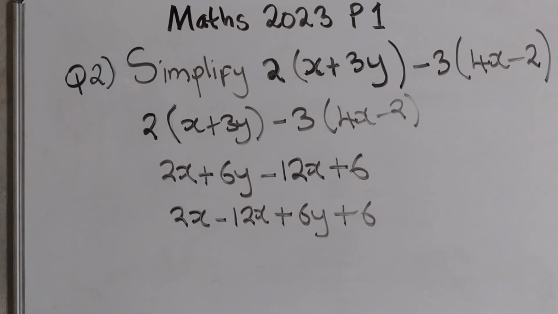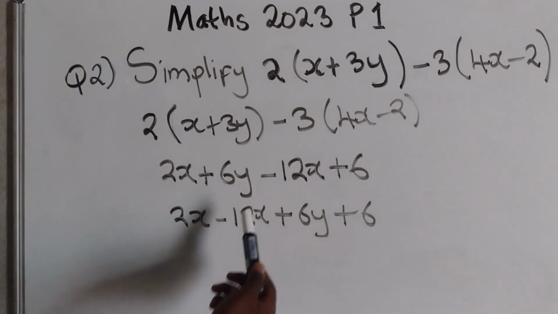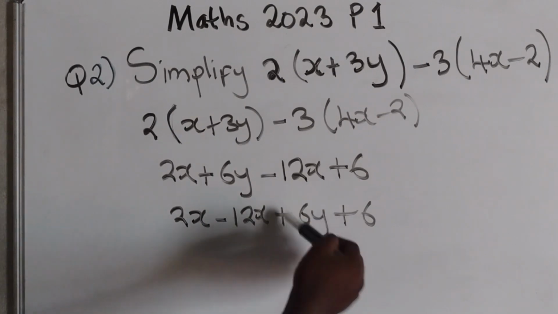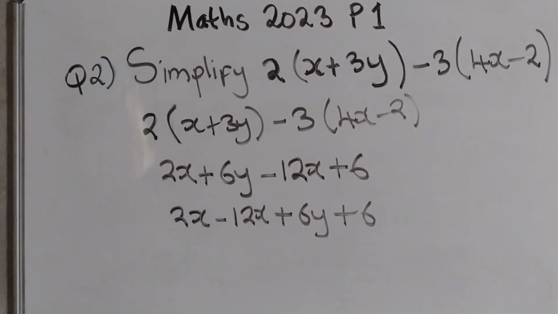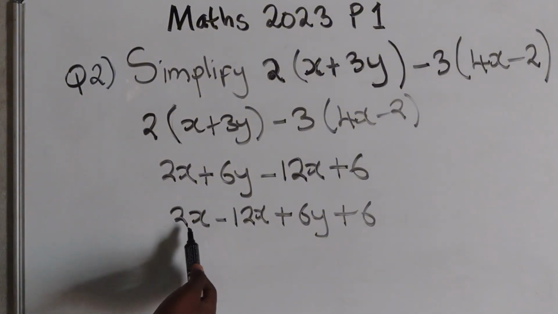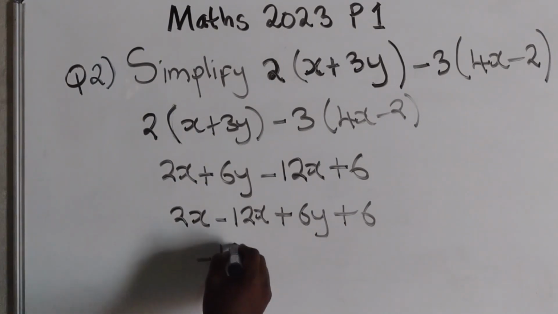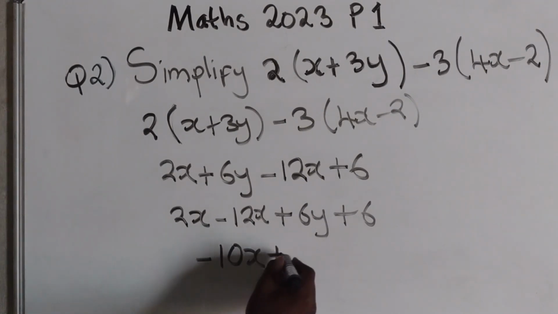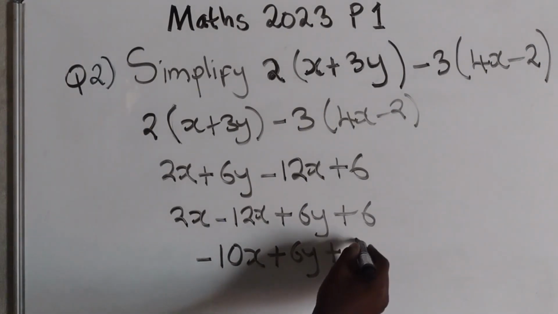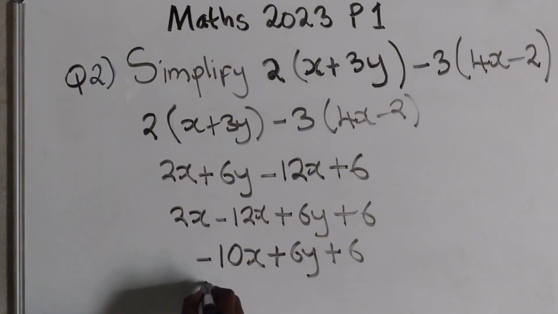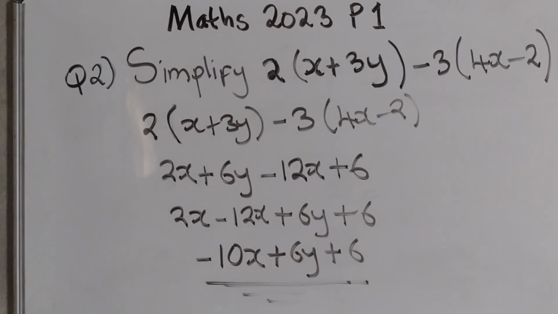You can check that this 6y doesn't have any other like term, because there is no other term that has the variable y. Then from there, let's simplify. 2x minus 12x gives us negative 10x, then plus 6y, then plus 6. So we have simplified. That is our answer. So we now move on to the other question.